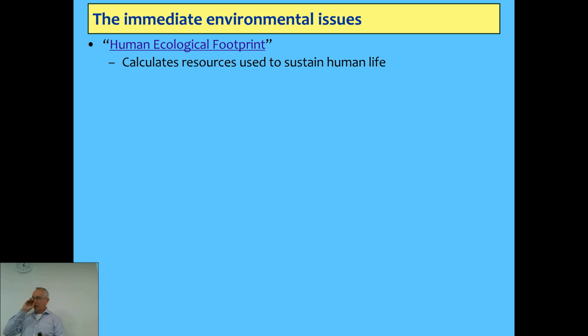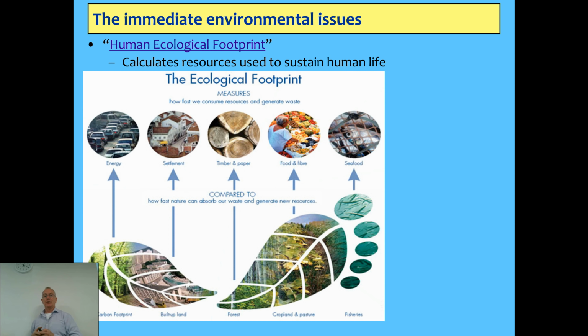So about 30 years ago, I think it was, a PhD student came up with the idea of converting the pressure we're putting on the planet into effectively a measure of how many hectares of land we are each consuming on a daily basis, and how much land it takes to reproduce the resources we're taking out of the planet. He called it the human ecological footprint.